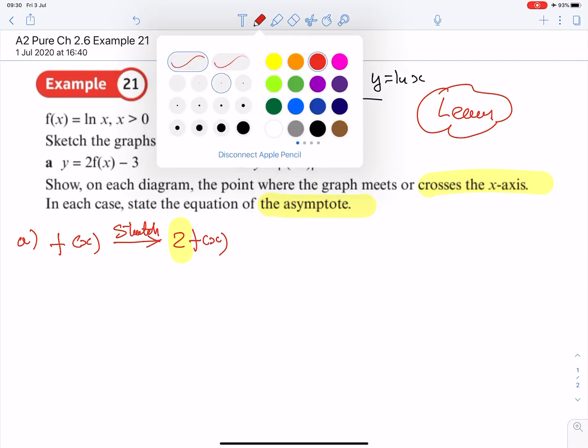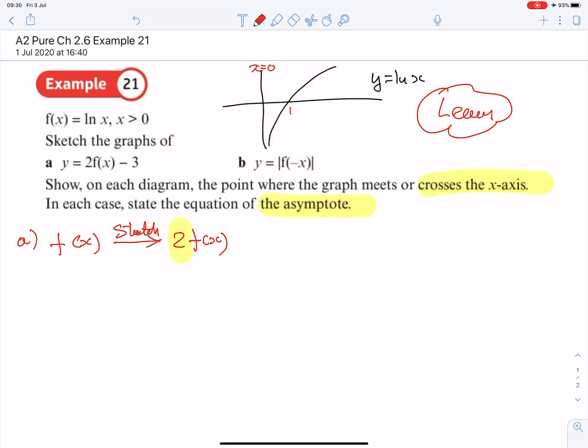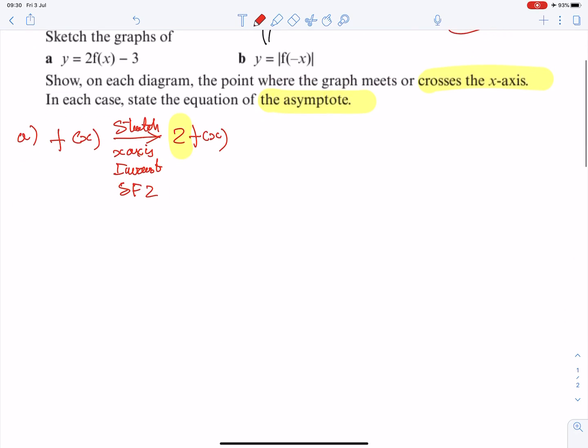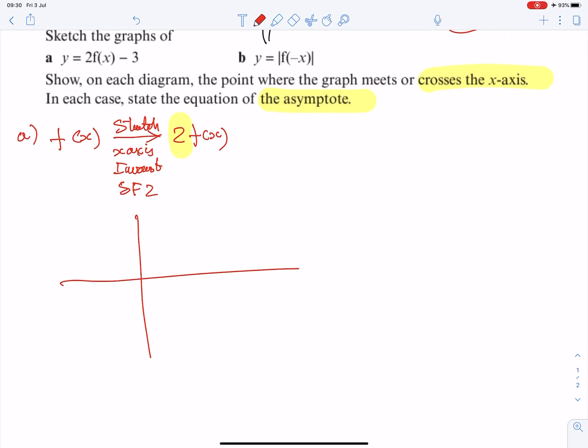So we've got a stretch, x-axis invariant, scale factor 2. My graph has the same shape and doesn't change very much. It's just stretched vertically, but the x-axis is invariant, so that point hasn't moved.